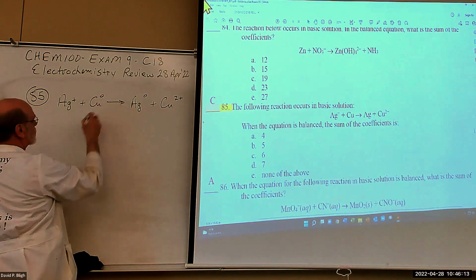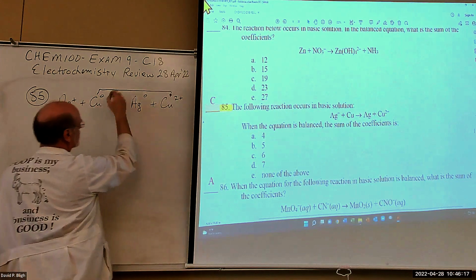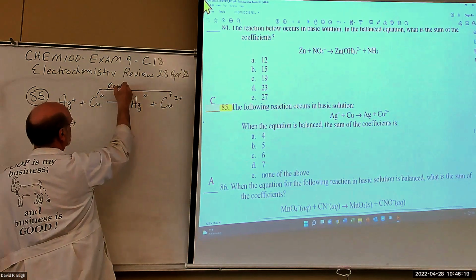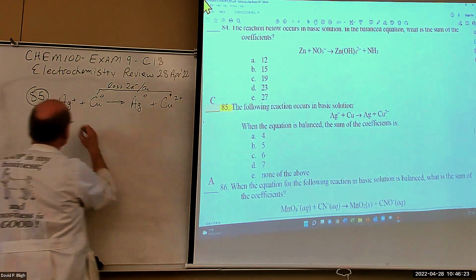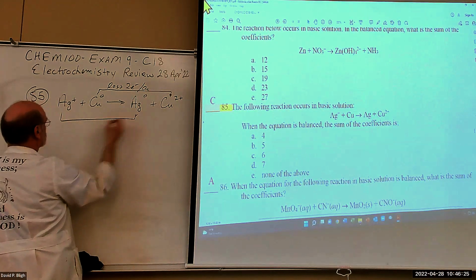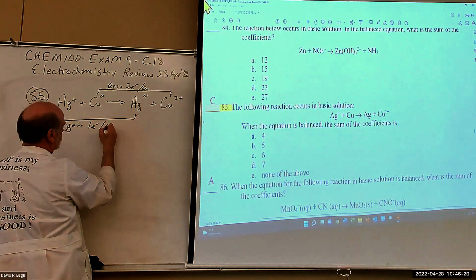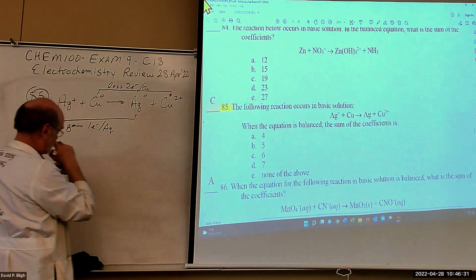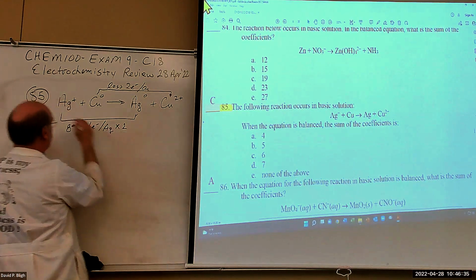So if this one's 0 and it's going from here to here is a loss, 2 electrons per copper. This one is a gain, 1 electron per silver. We need 2 electrons, right? So we have to multiply by 2.